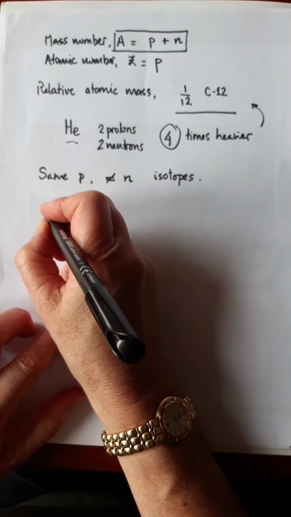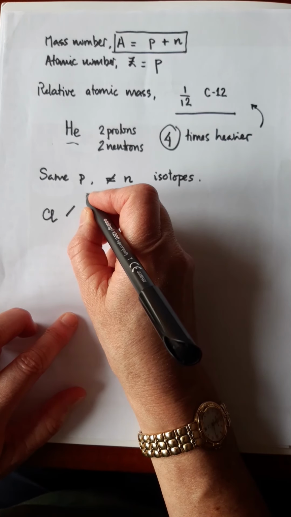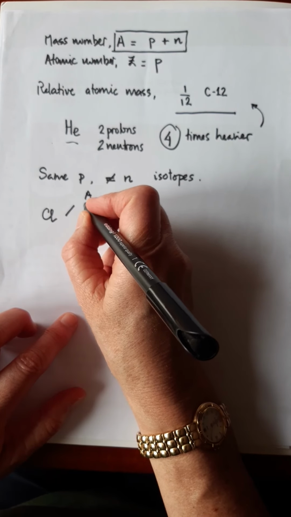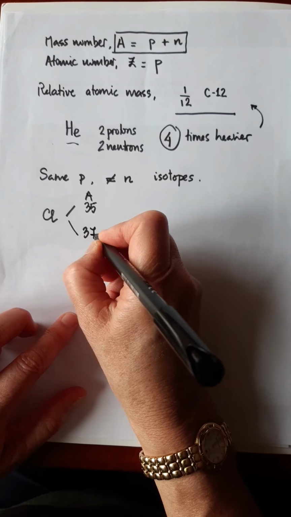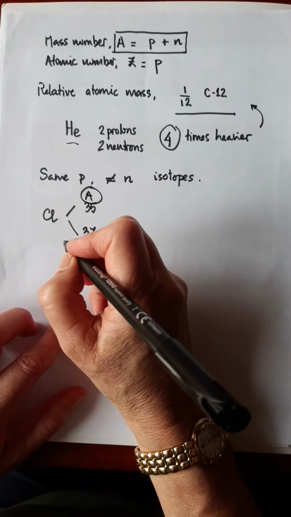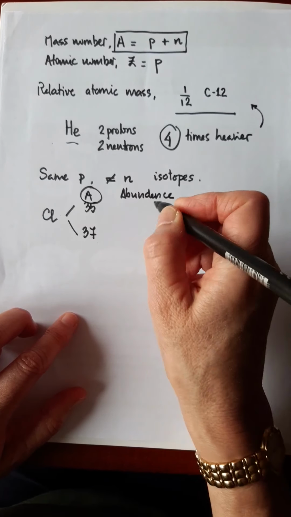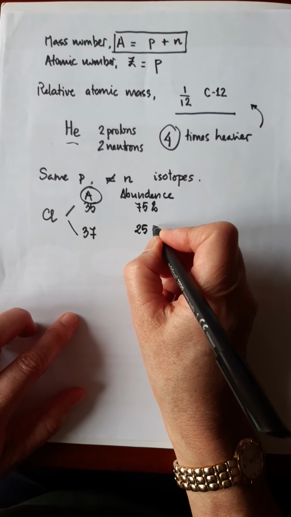Example, chlorine. We can find chlorine with the mass number of 35 and 37. The abundance of each isotope is 75% and 25%.